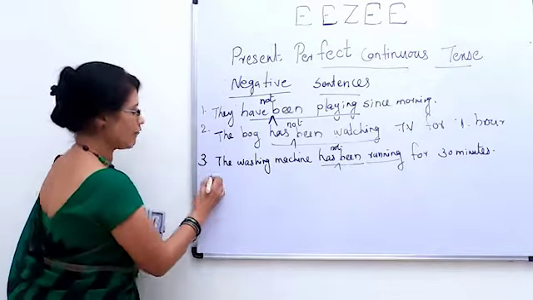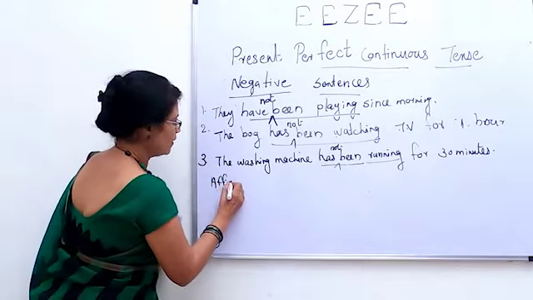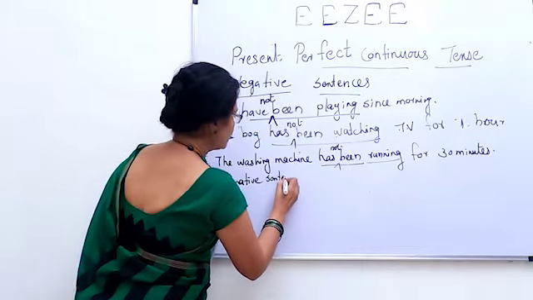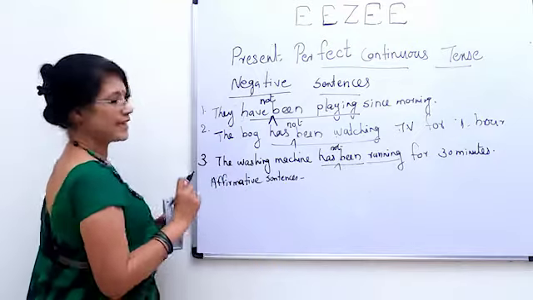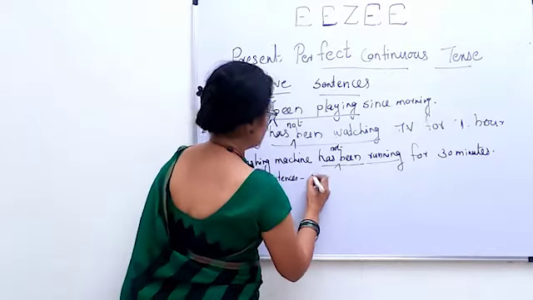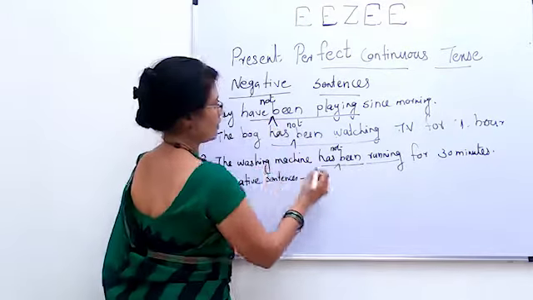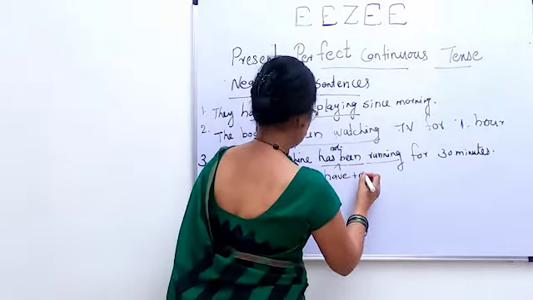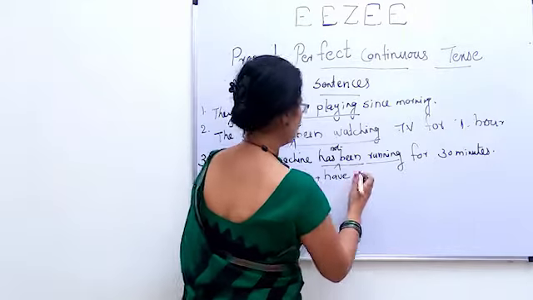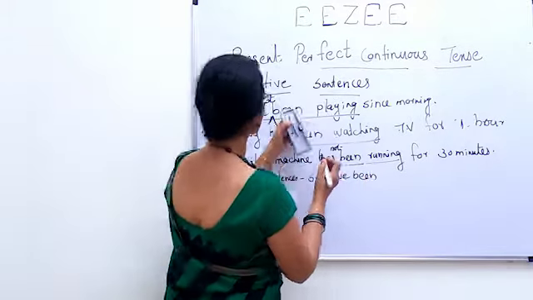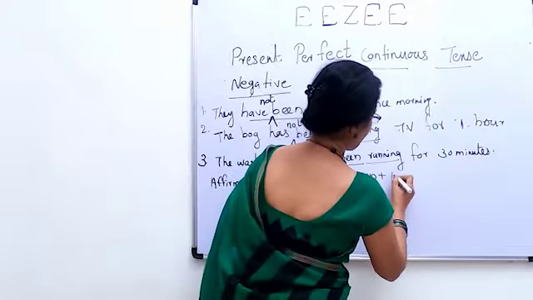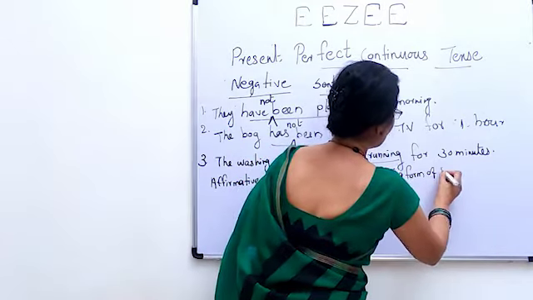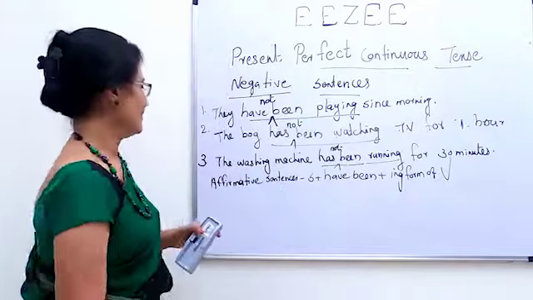So that is the structure or the form of present perfect continuous tense. Affirmative sentences: subject plus have been plus the ing form of the main verb.